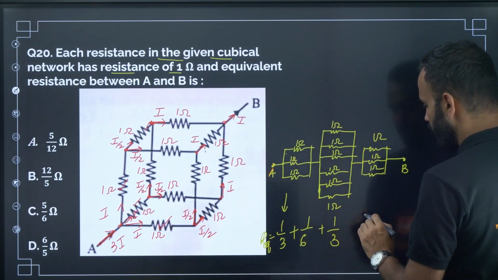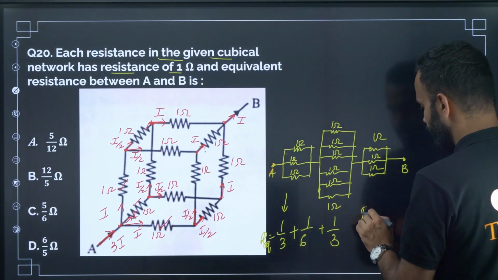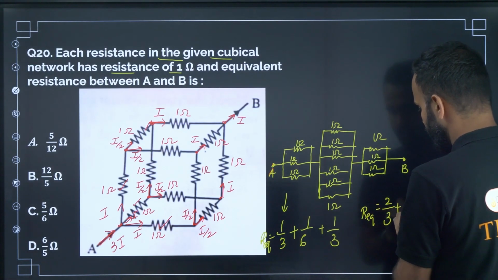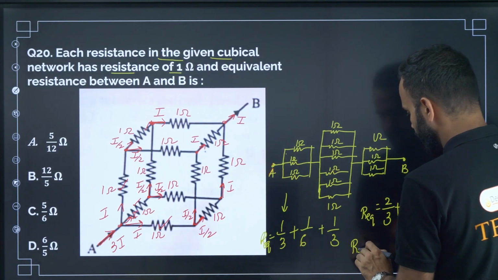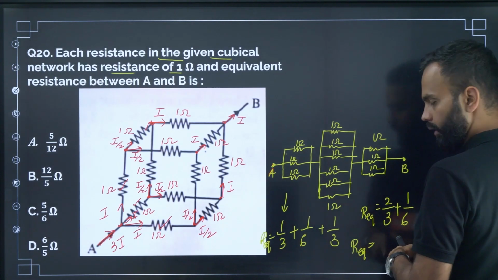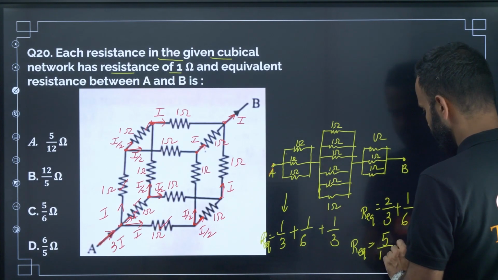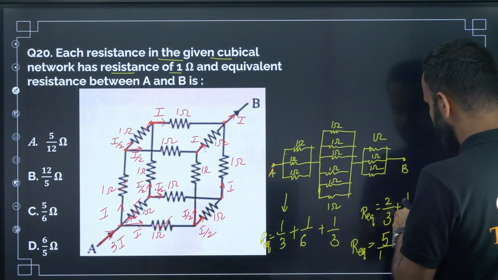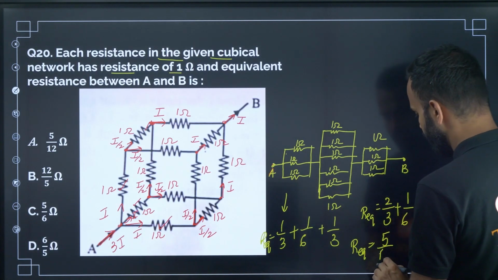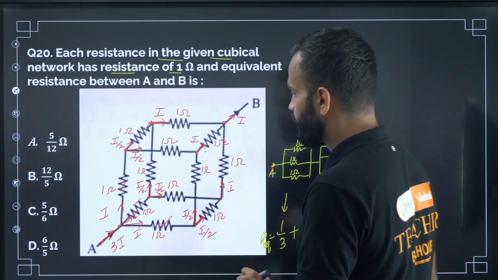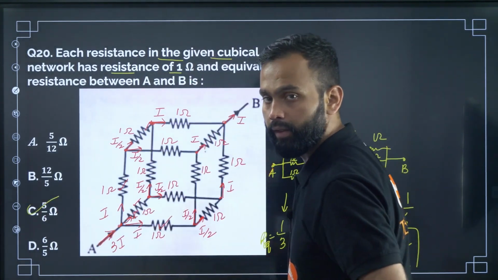So R equivalent is equal to 2 by 3 plus 1 by 6, which is 5 by 6 ohm. So the correct option is C.